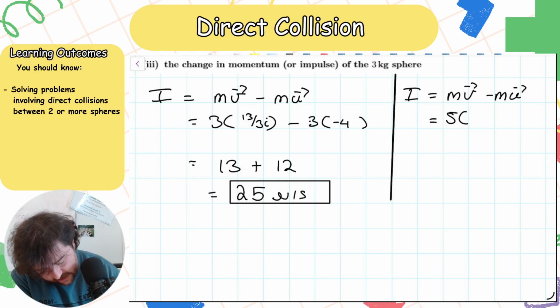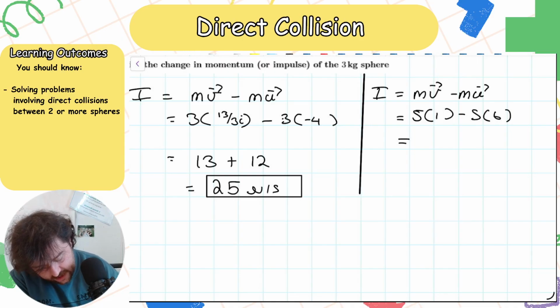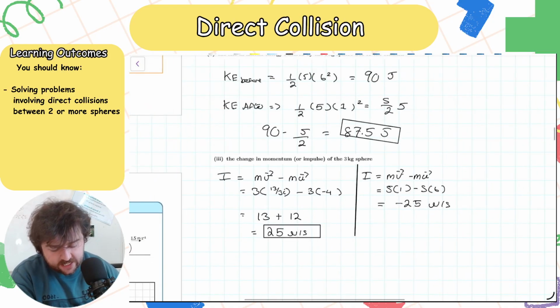So 5 times 6 minus 5 times 1. 30 minus 5. Nope. Flip it around. Right, 5 times 1 minus 5 times 6, sorry. And then that is going to be minus 25 Newton seconds. Right. So that is a direct collision.